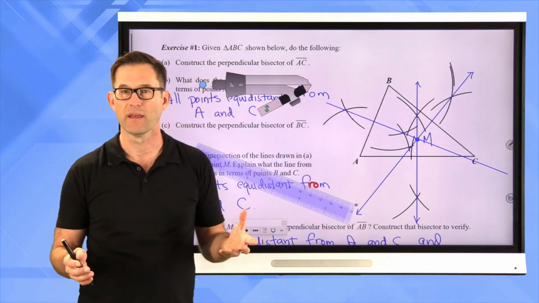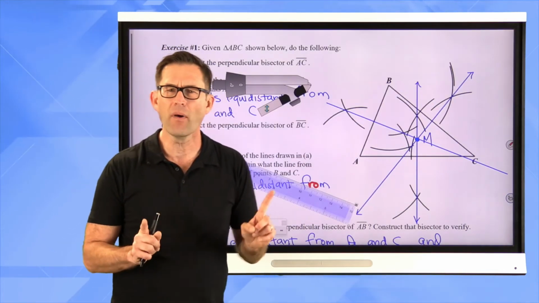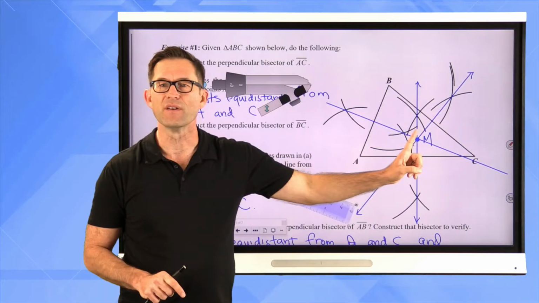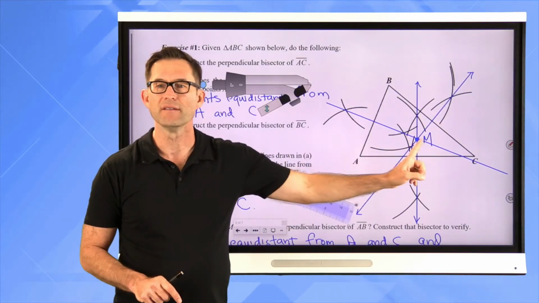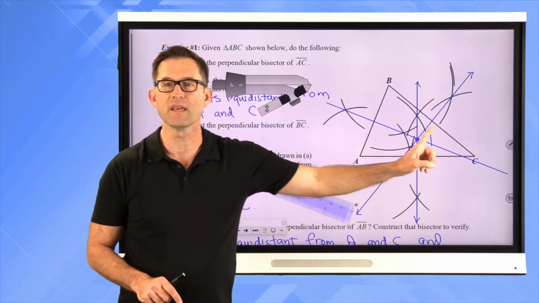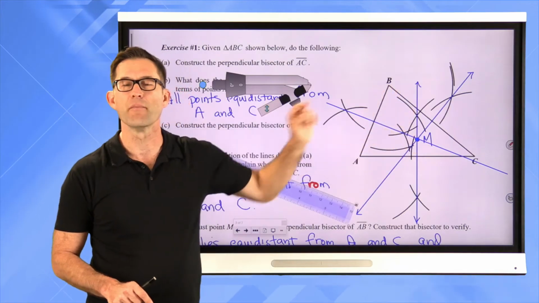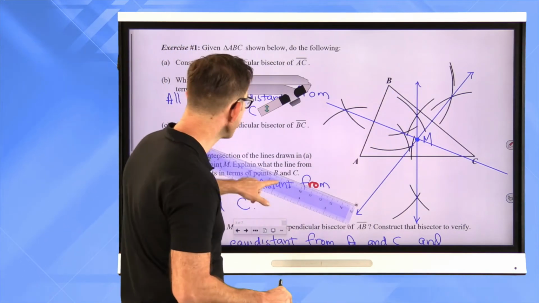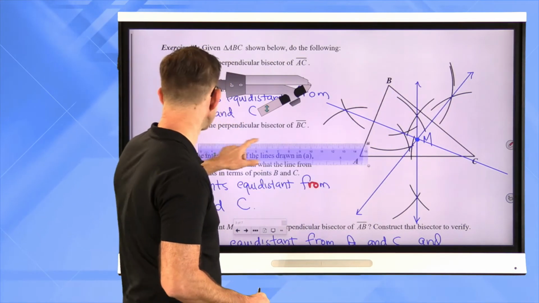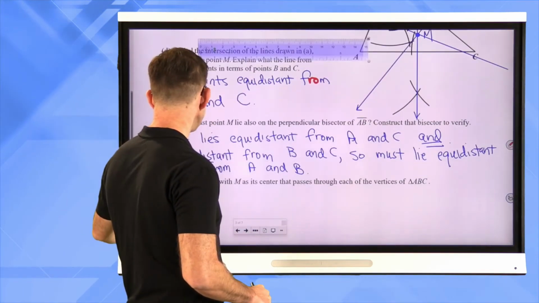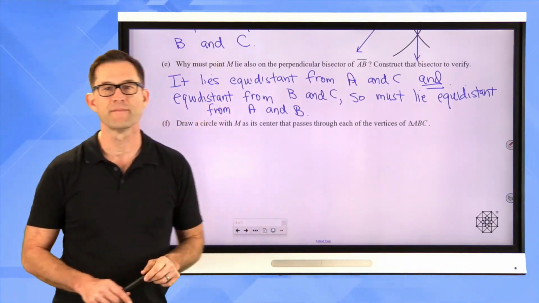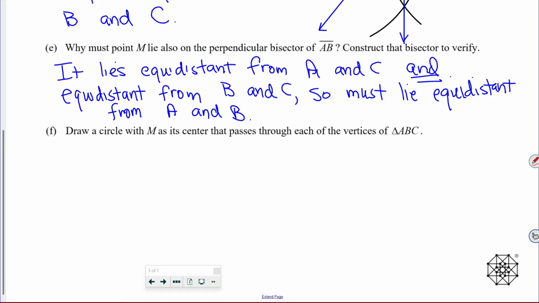You have to be. Now, keep in mind what this means is that the distance from M to A is equal to the distance from M to C, which is equal to the distance from M to B, and this finally brings us to what's called the circumcircle. Let's take a look at letter F. Draw a circle with M as its center that passes through each of the vertices of ABC.